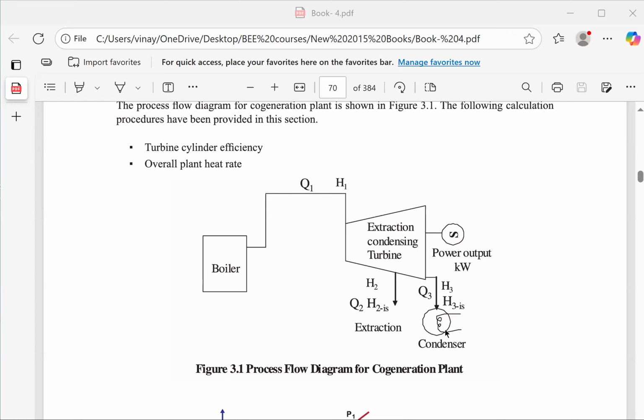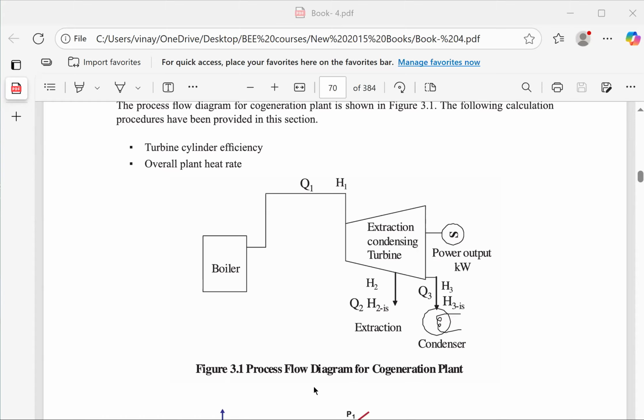This condenser heat is rejected to a cooling water. The cooling tower is here and hot water is going to the cooling tower, coming down, getting cooled. The cool water goes here and the circuit goes on, thereby taking out the latent heat into the condenser steam and exposing it to the atmosphere.